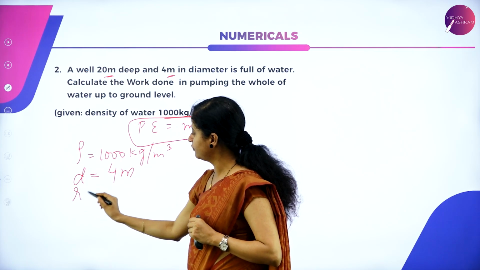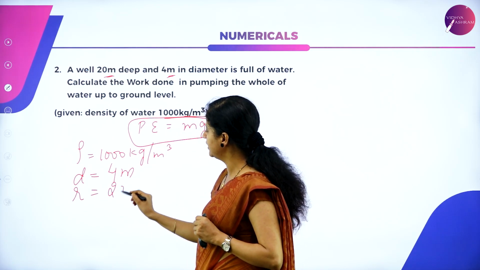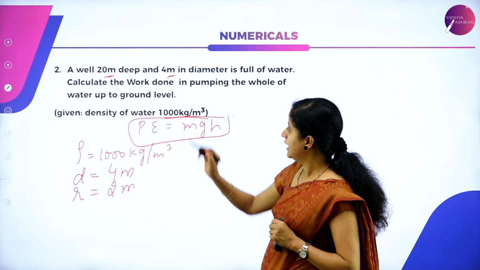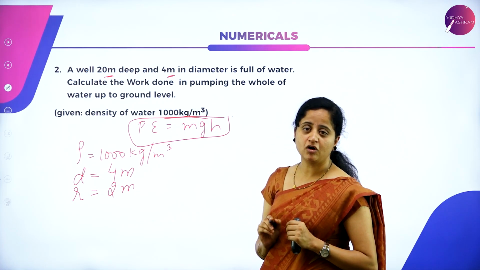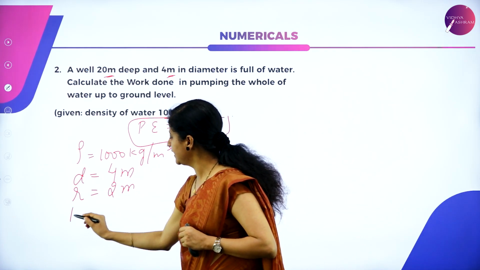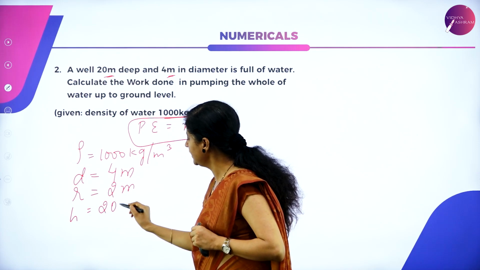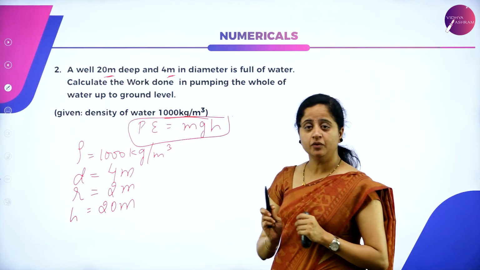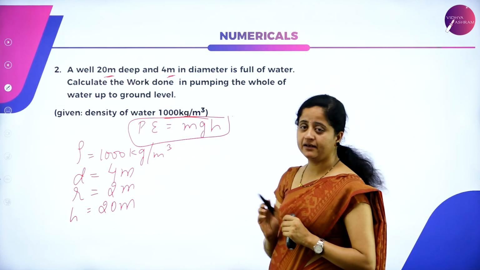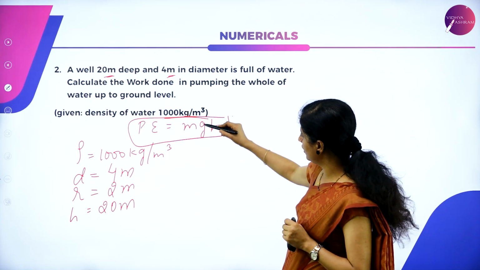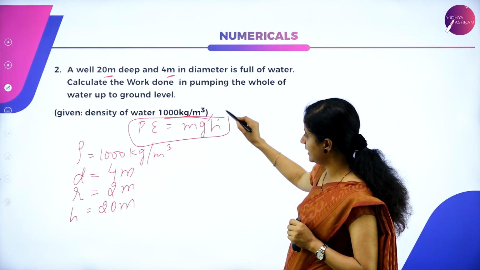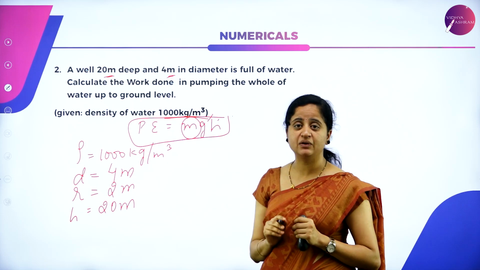When the diameter is 4 meter, the radius can be calculated, that is 2 meter, and it is having a depth of 20 meter. So I can write H is equal to 20 meter. As we all know, potential energy can be calculated as mgh. So we have g term and h, but we don't know what is the value of m.